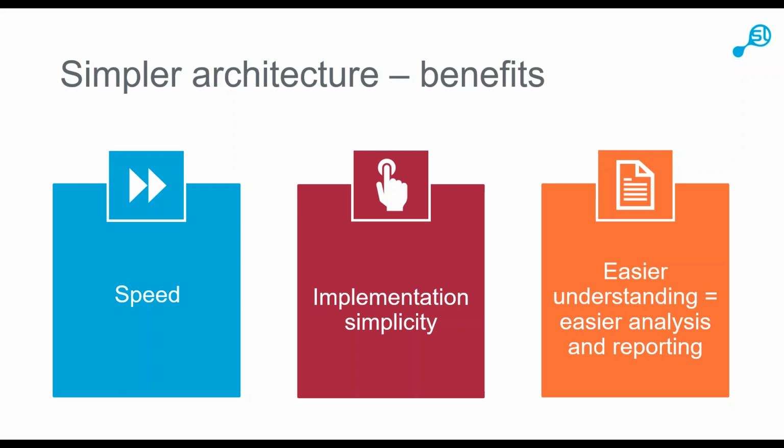The quality of people's implementations is likely to be higher, and people will get more out of it as a result. And the final benefit I'll talk about here is that if it's easier to understand that underlying data set, it's going to be easier to analyze it and report on it.